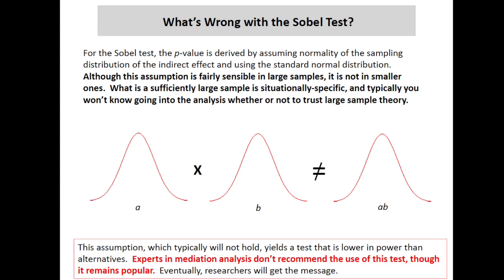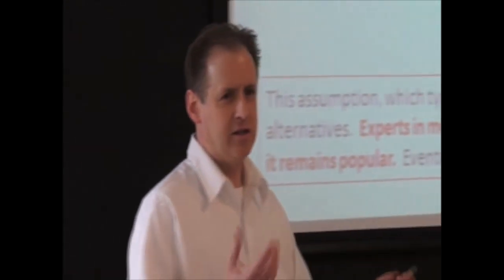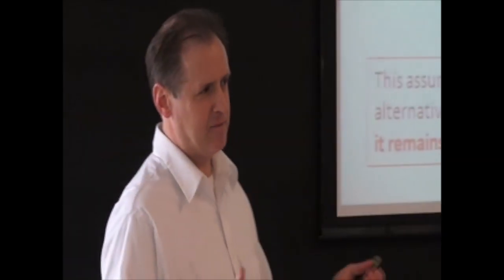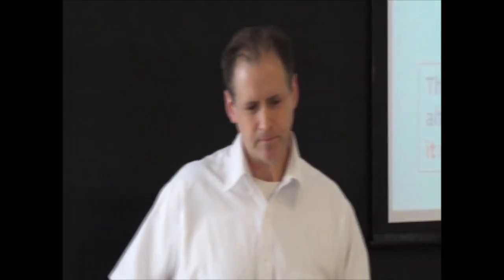It's not as bad of a violation in big samples, but in small to moderate samples, it's just flat out false. We know that the product of two random normal variables is itself not normal. Analytically, it can be shown that that's the case, and it's easy enough to show through simulation as well. So the problem is the normal distribution is not an appropriate reference distribution for generating probability.